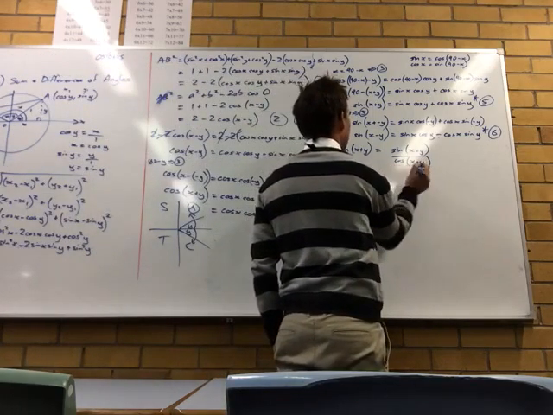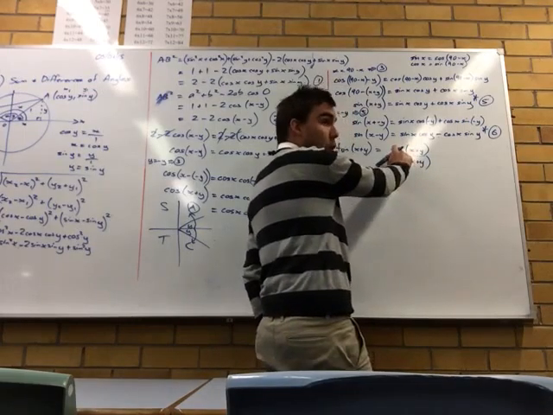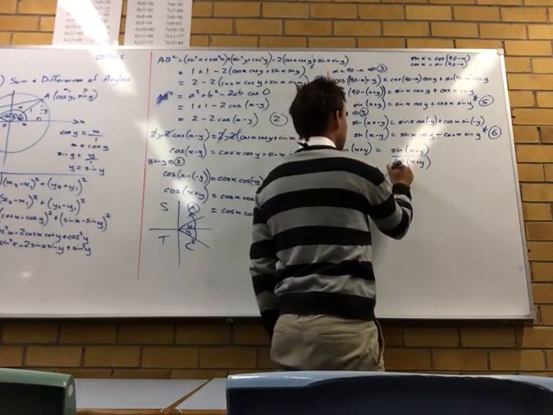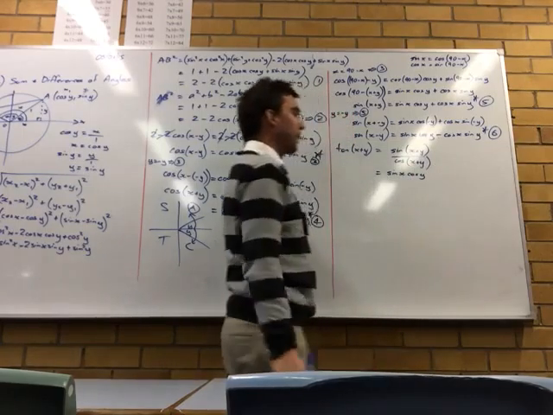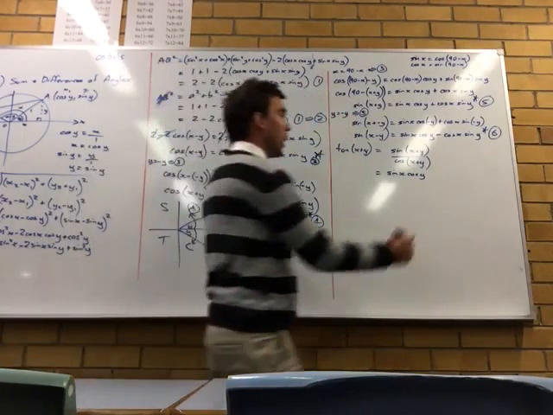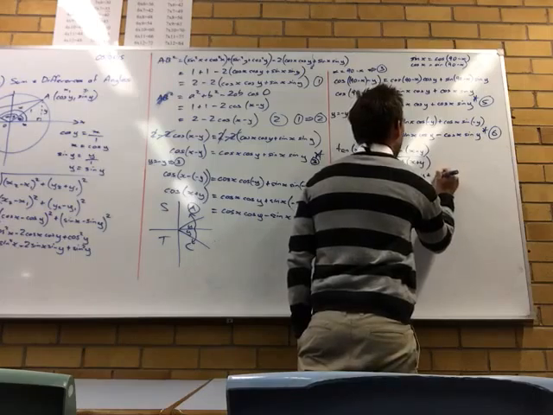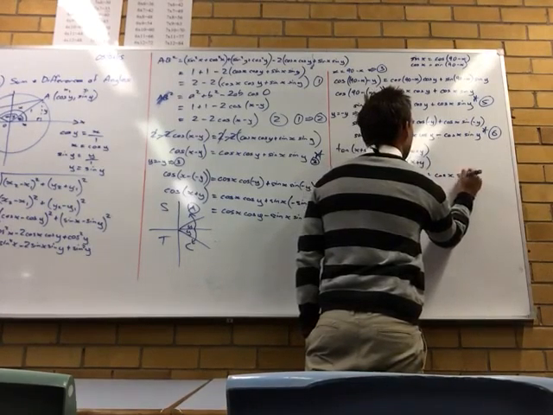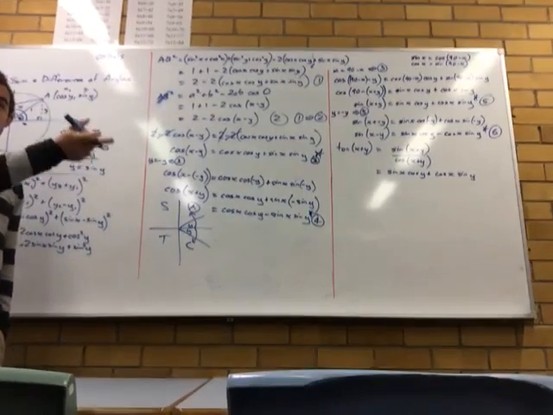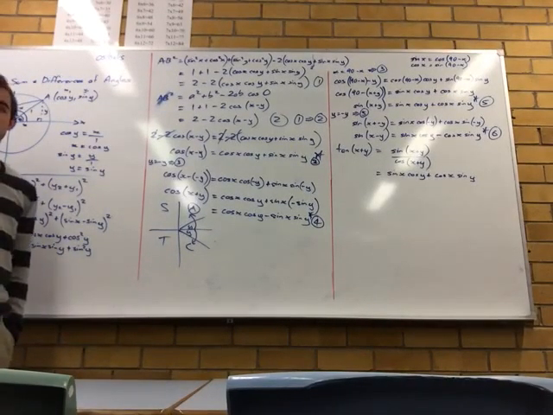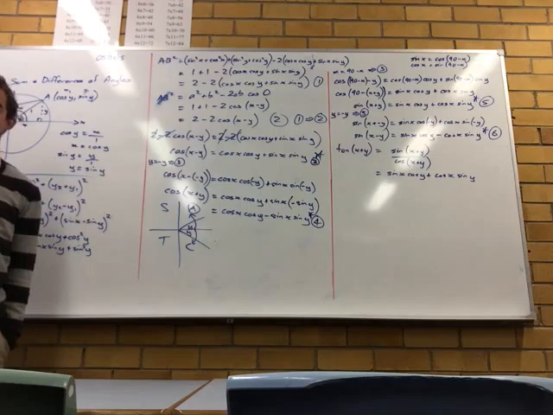Alright, so when you have a sine and you're expanding, we have sine x cos y with the same sign between them, so the plus sign, and then cos x sine y. So sine first angle, cos second angle, plus cos first angle, sine second angle.